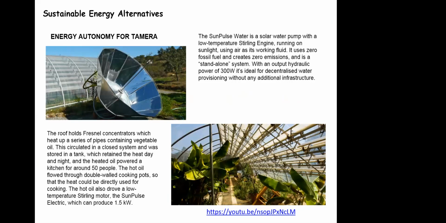So, for example, they have the Sun Pulse water pump, which is a solar water pump. It uses, once again, the same principle as the solar cooker. It's like a Schleifer mirror. The heat from the sun powers a Stirling engine.